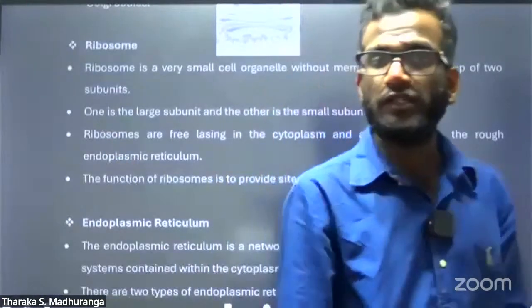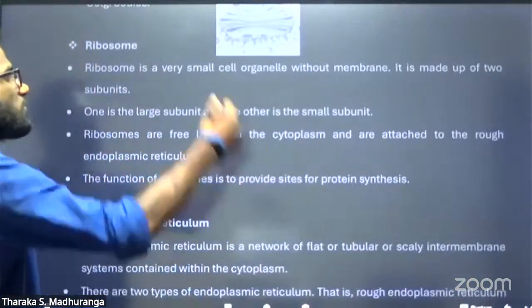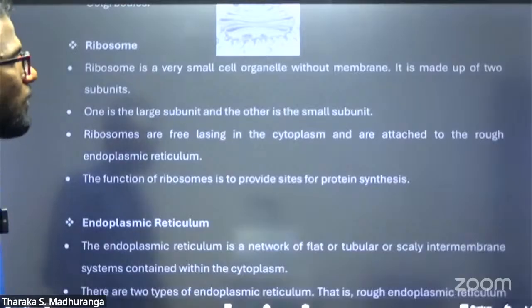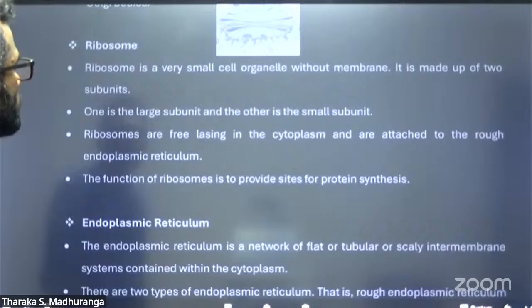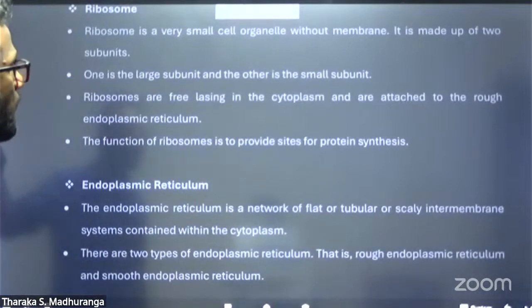The main function of ribosomes is protein synthesis. A ribosome is a very small cell organelle without a membrane. It is made up of two subunits, one large subunit and one small subunit. Ribosomes are free-living in the cytoplasm and also attached to the rough endoplasmic reticulum.